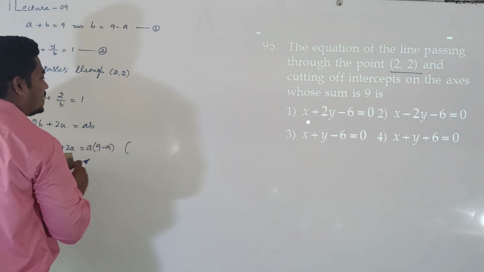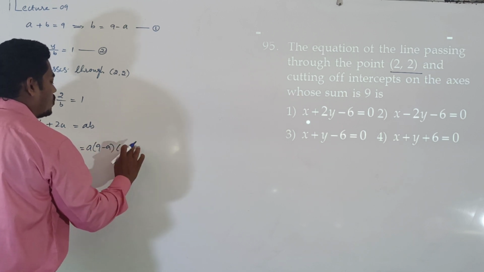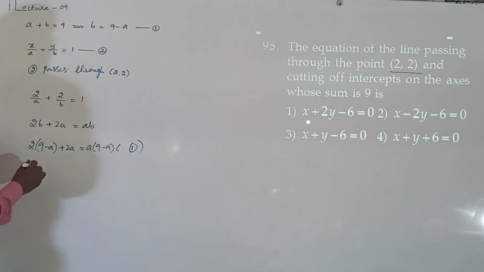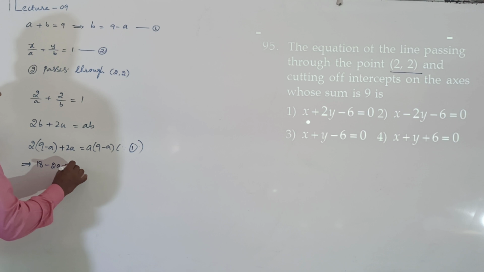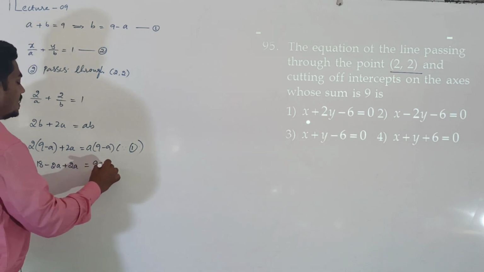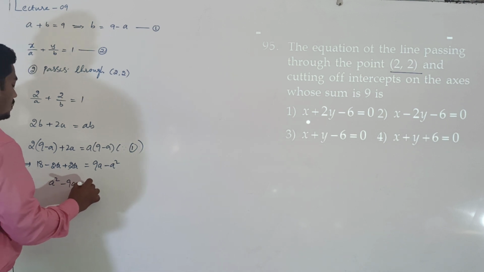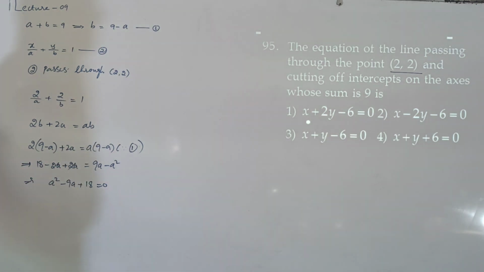It is because of equation number 1. From equation number 1 just replace the b value, right? After that, the usual simplification: 18 minus 2a plus 2a, that's equal to 9a minus a square. Plus 2a minus 2a get cancelled. Just rearrangement: a square minus 9a plus 18 equal to 0. Just solve this quadratic equation.